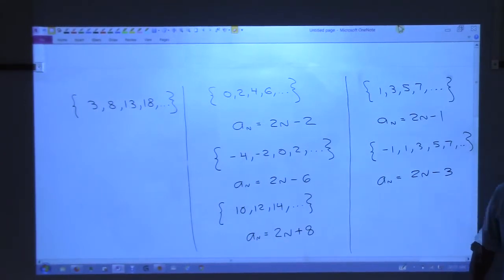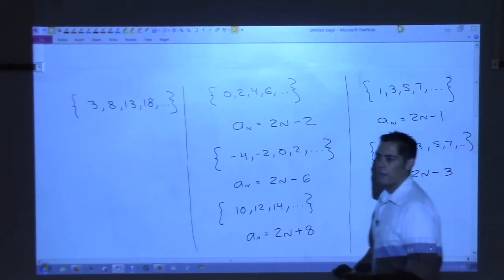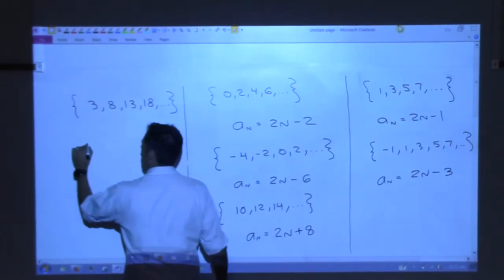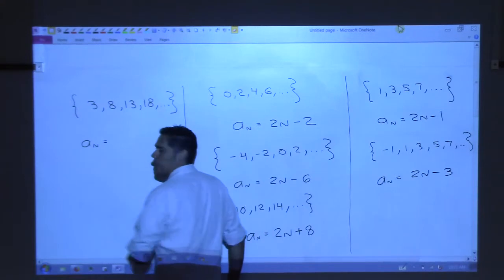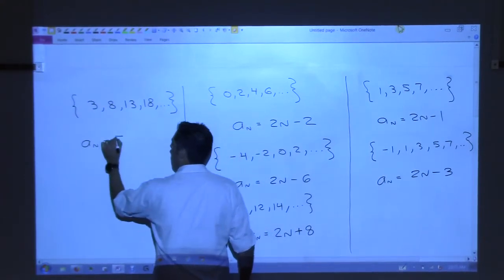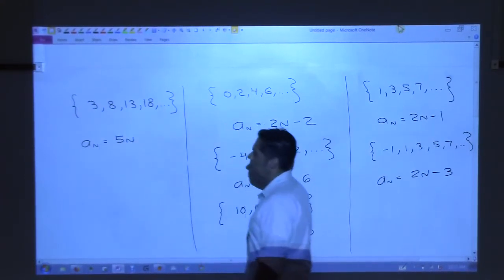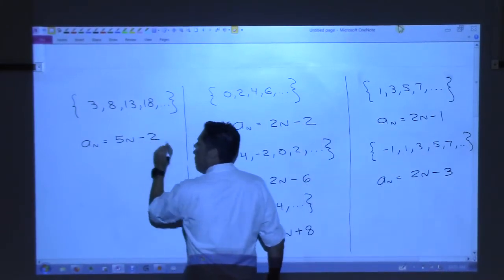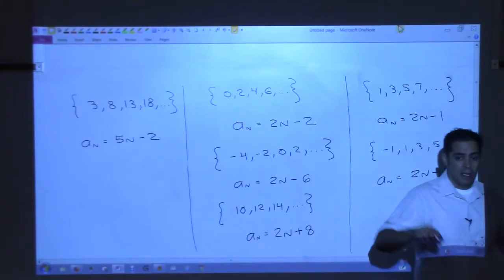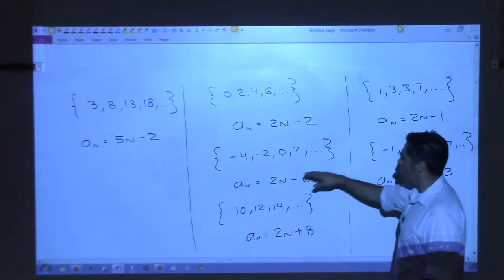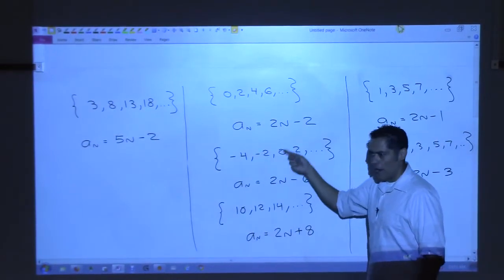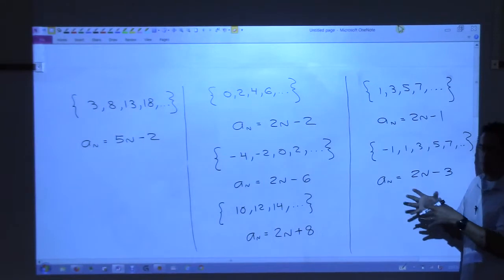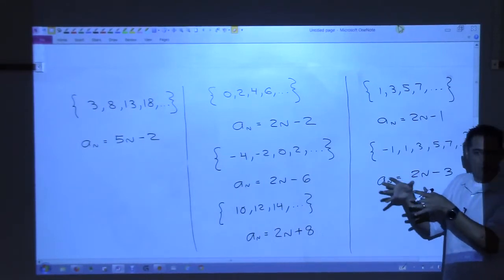Okay, so the first thing I notice is they're going up by 5 each time. So I think I would start with 5n, and then minus 2. Perfect. That's it. I think you're getting it. In all of these problems, there was a common jump, right? 2n, 2n, and then we just had to tweak it to make it fit where we wanted.